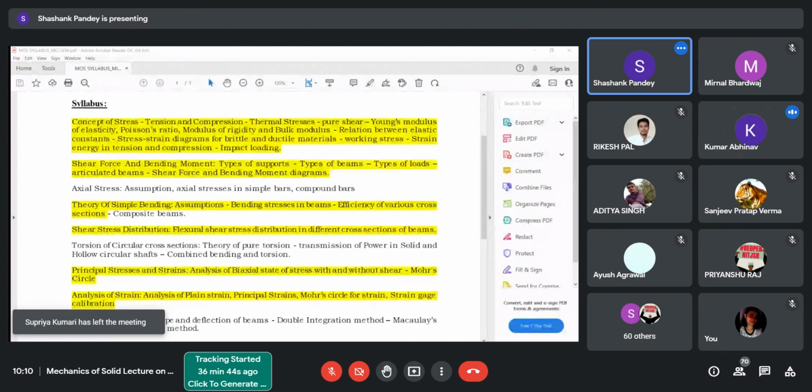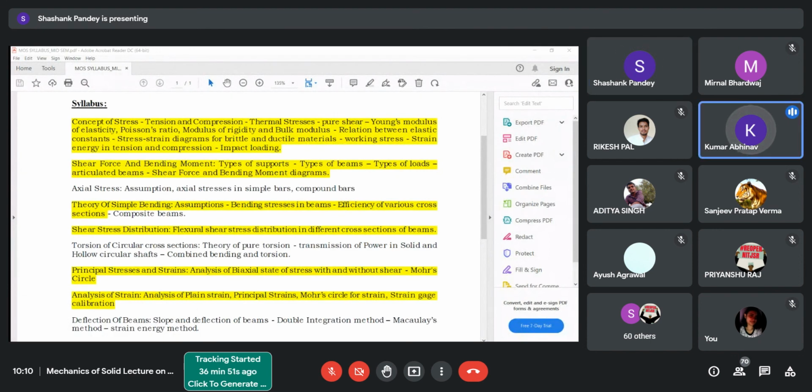Abhinav, please tell. Sir, I was asking where we will get some more Mohr's circle type problems, from where we can solve. The analytical equation of Mohr's circle will come in the exam. A graphical method is not possible to ask in your exam right now in online mode.